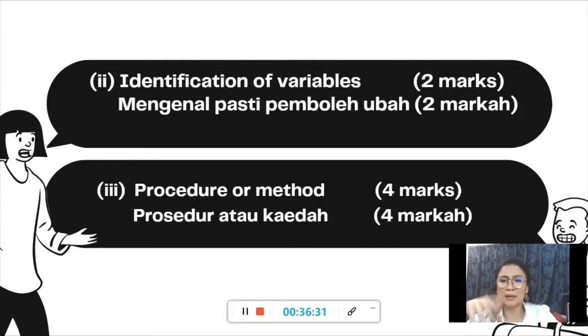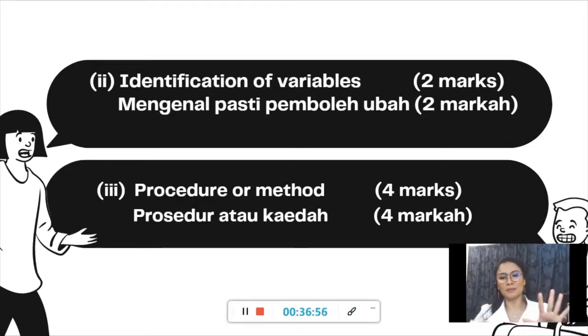Don't make the same mistake as my students. They will just write pH value only, without stating which variable they are referring to. No, we must state manipulated variable, the answer is pH value, like that. So already 5 marks here.